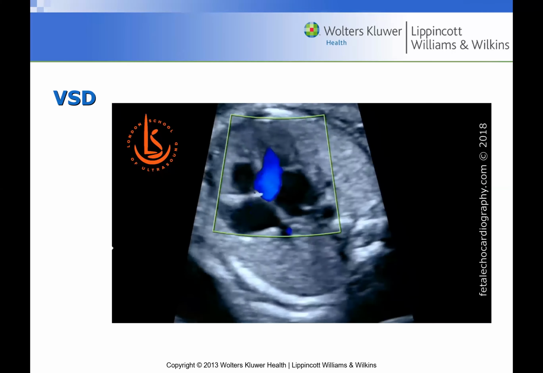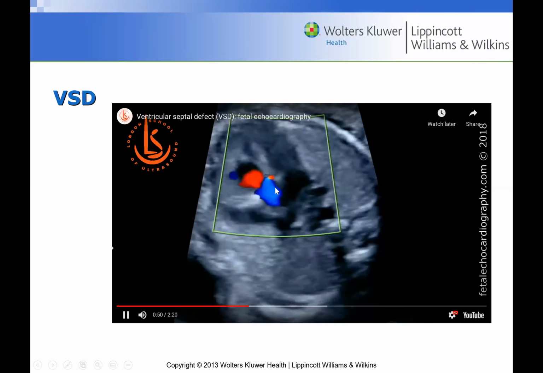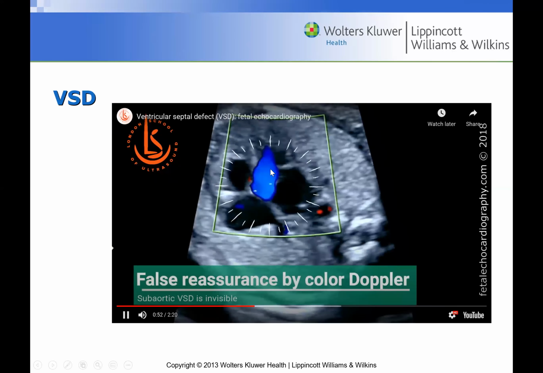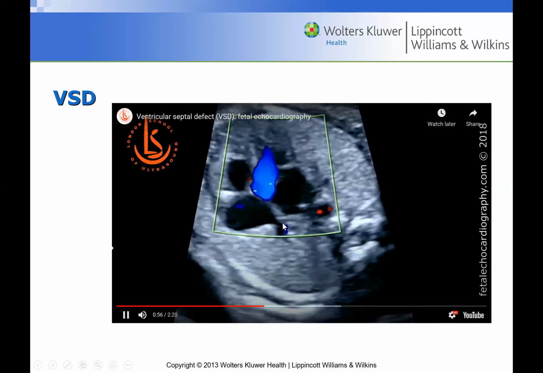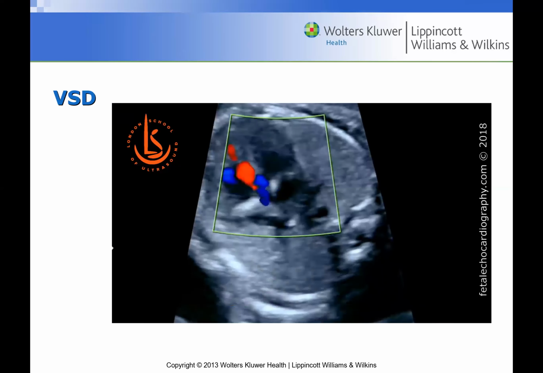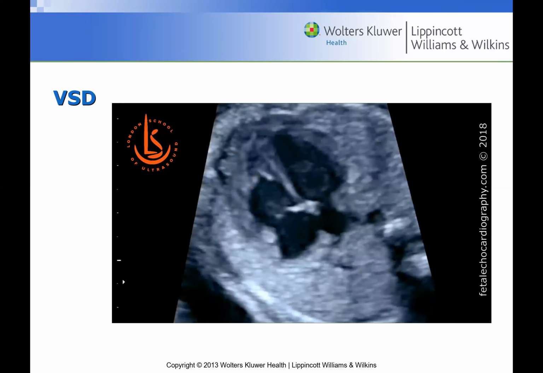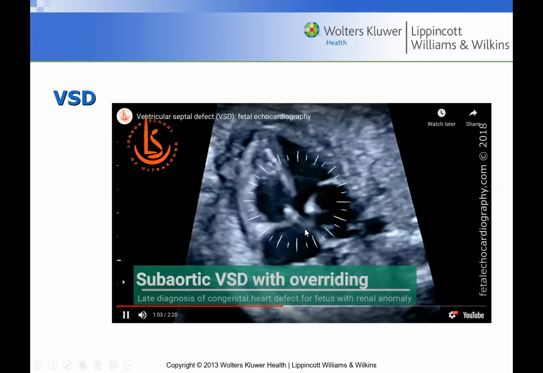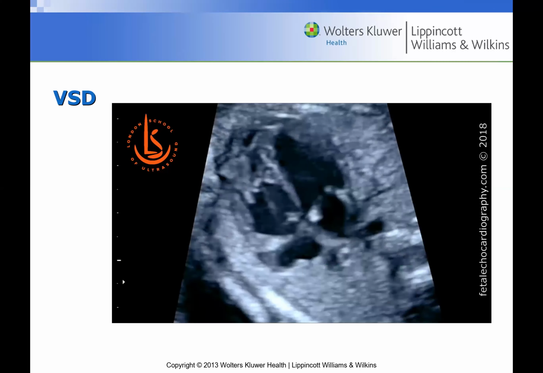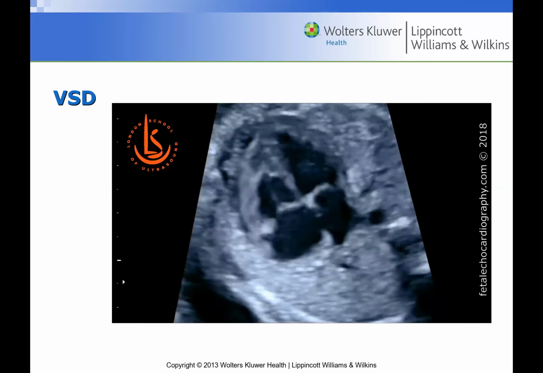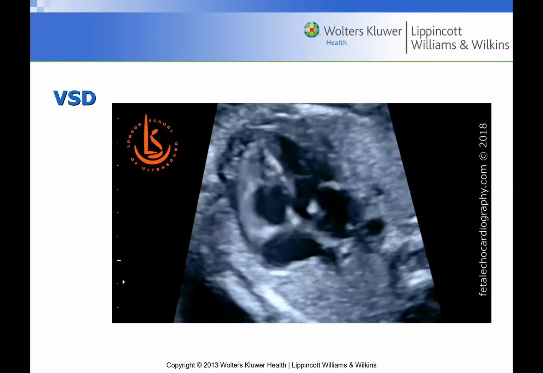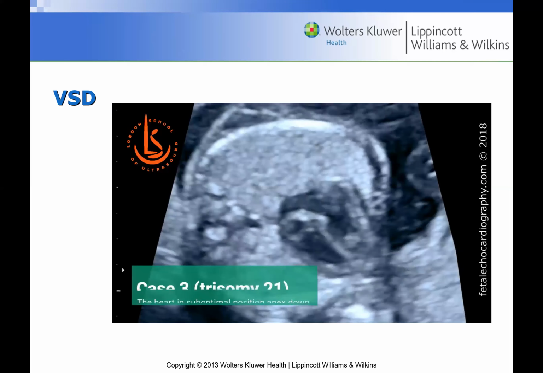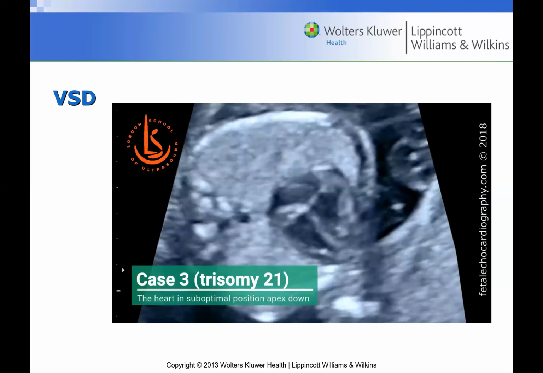Looks like right there, there's a VSD. Right there, this little hole. Those are so difficult to see. A lot of them aren't caught in utero because they're difficult.